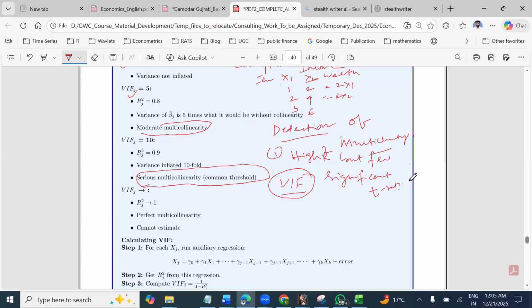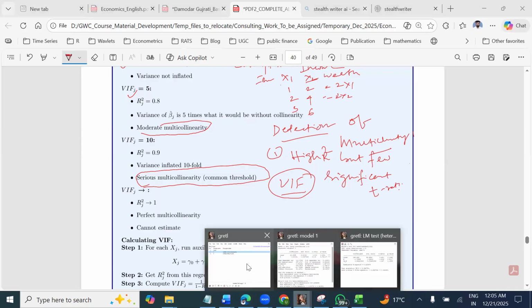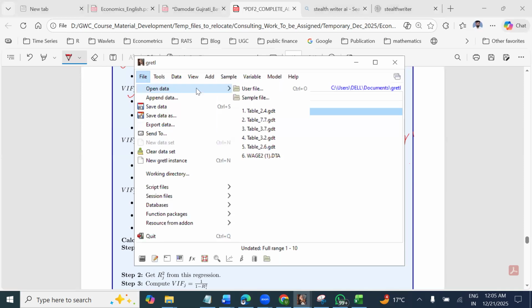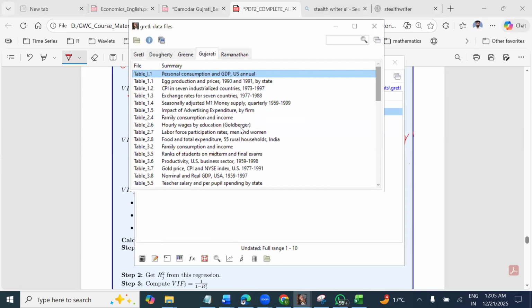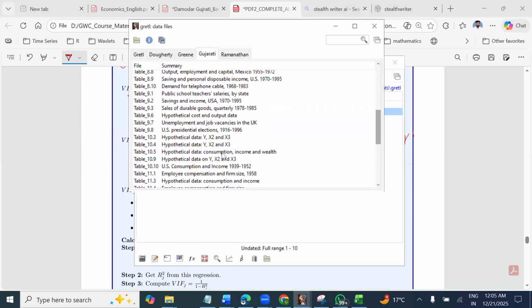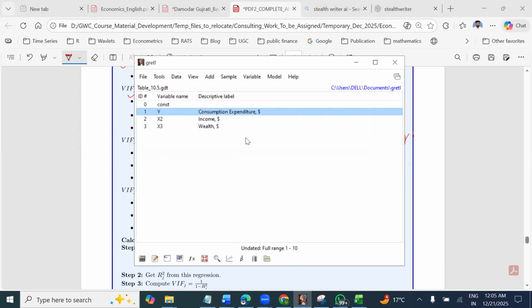I will show you the data, because if I show you it will be more clear. So now if I go to the data sample file, can you see over here?